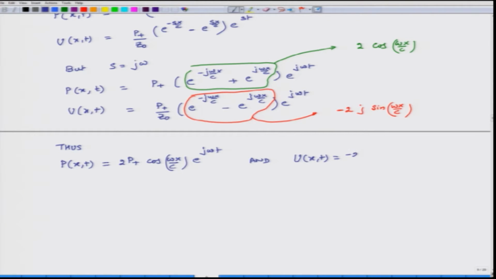So, minus 2 j P plus over Z naught sin omega x over C times e to the power of j omega t.